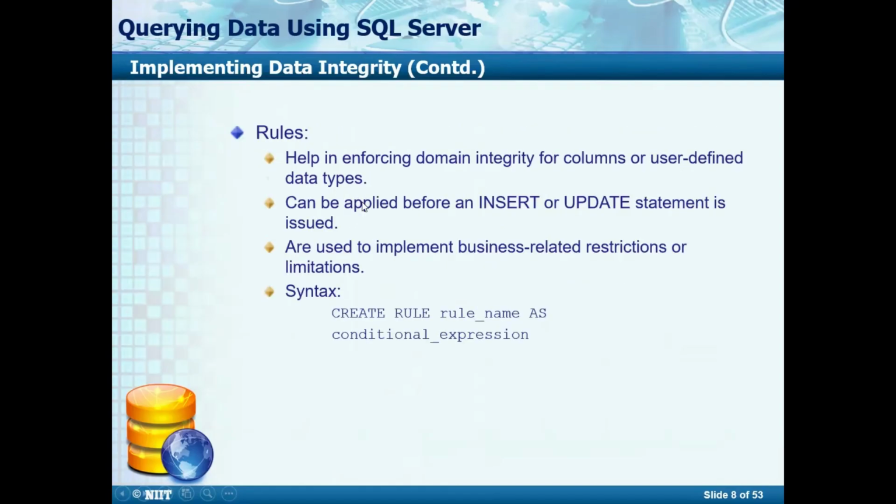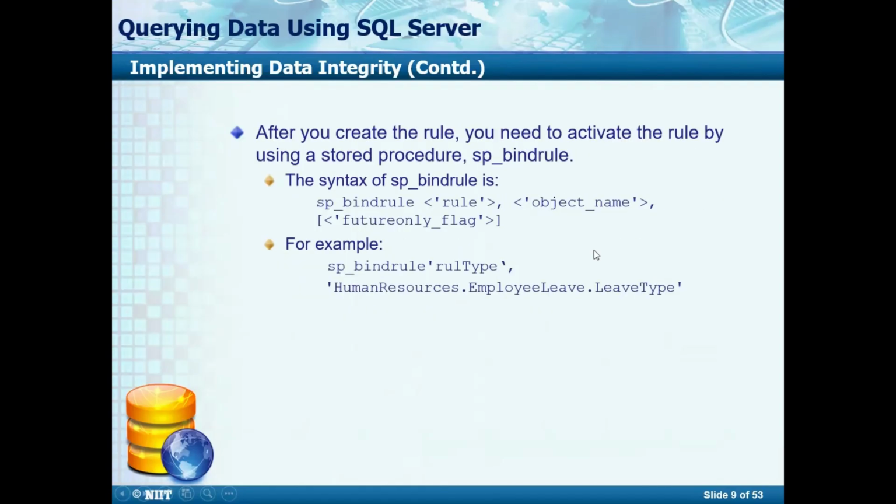Now, after we have created our rule, we need to activate it by using the stored procedure sp_bindrule. So we bind the rule. How do we bind the rule? This is an example. You have created a rule called rule type.